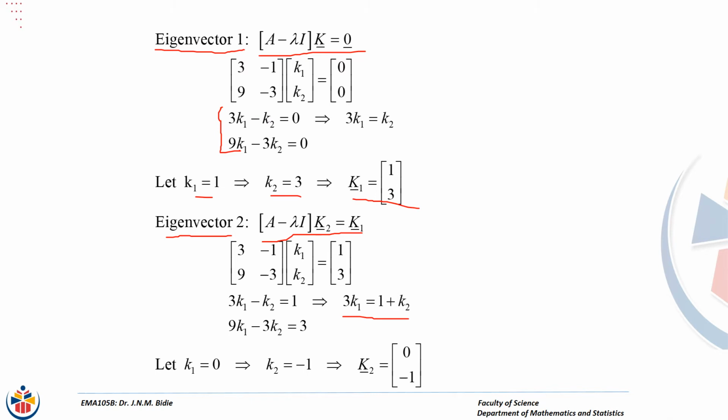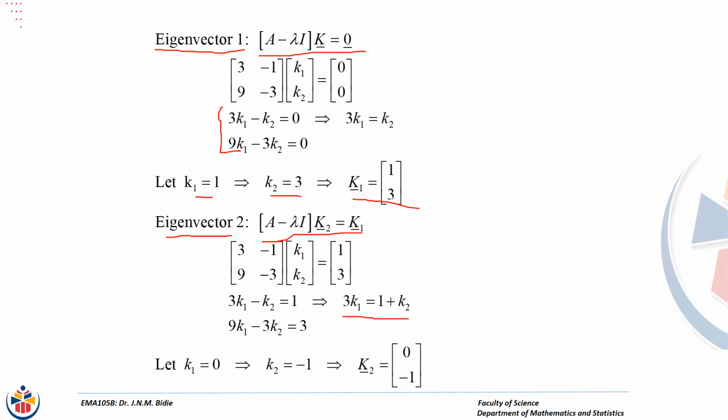Now you can let either of these variables, k1 or k2, be equal to 0 or be equal to 1. The only reason why we do not say let k1 or k2 be equal to 0 is when you try to solve for the second variable, you discover that you are going to get a 0 again, because the eigenvectors can never be 0.